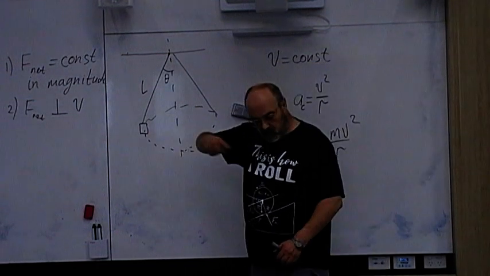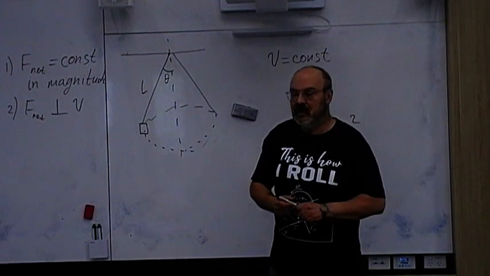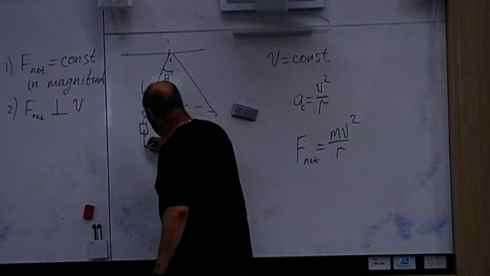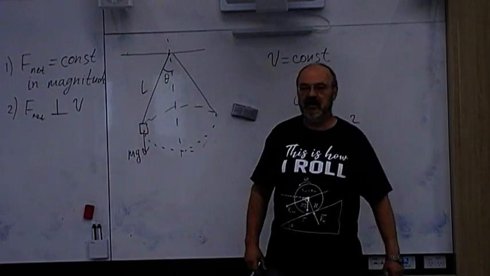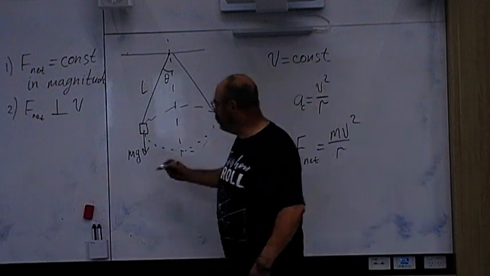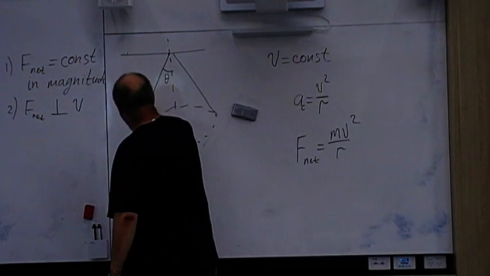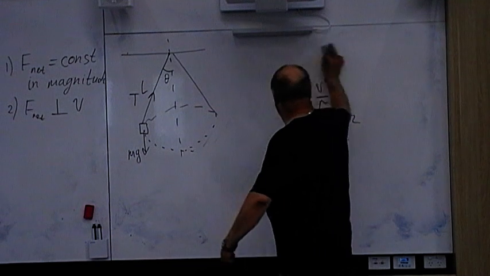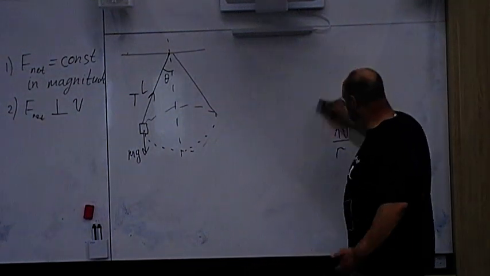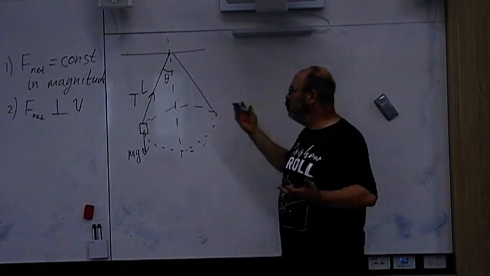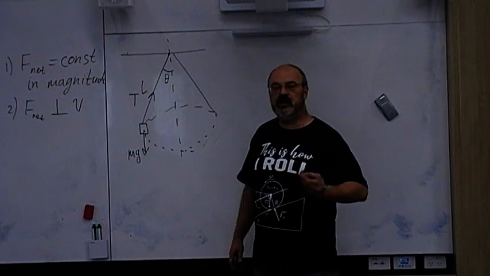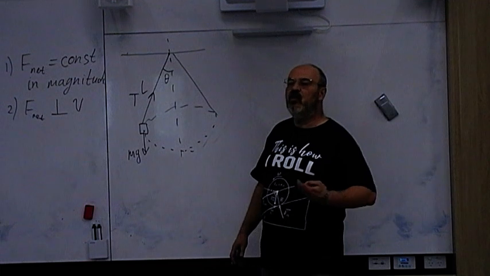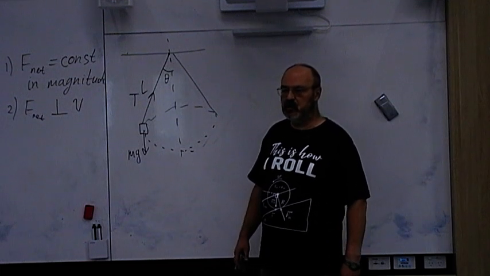We have the weight, the force of gravity, mg. What else is acting? Tension. Is there any other force acting? No. To solve this situation, we follow the same steps as when solving problems with forces.